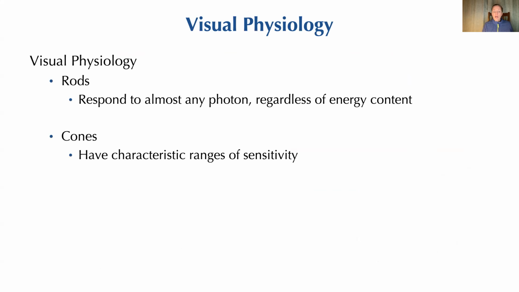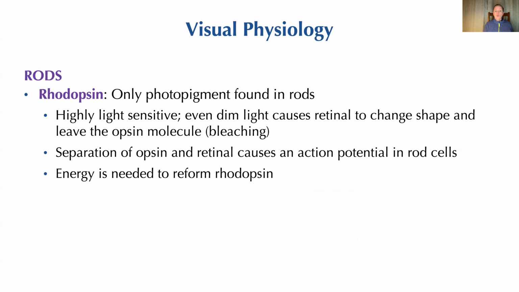Now let's talk a little bit about our rods and our cones. So rods will respond to any particulate light matter, also known as a photon, regardless of how much energy is contained. Whereas cones have to have bright light, and they have very characteristic ranges of sensitivity that are in each sort of primary color range. So our rods have a pigment called rhodopsin, and it's super sensitive to any light.